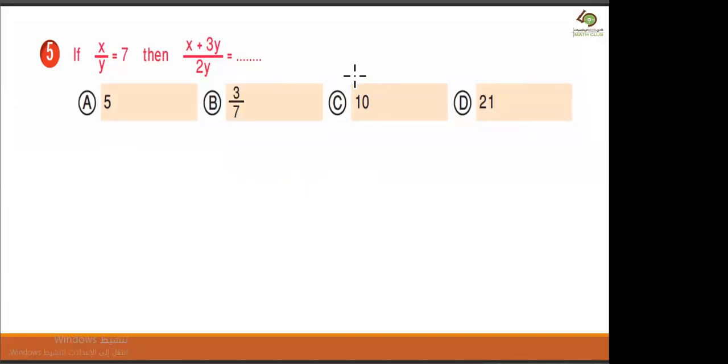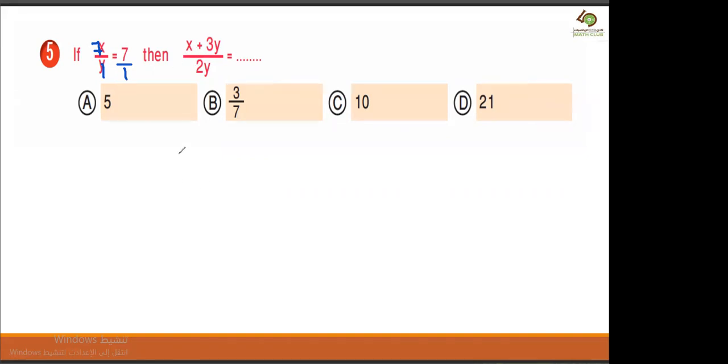Now, I write the numbers. What is it? X over Y. We suppose that here, because the denominator is 1, X will be 7, Y will be what? 1. And you substitute in the equation.